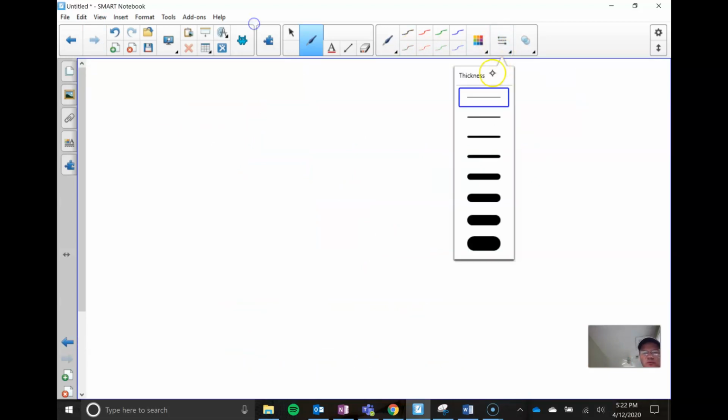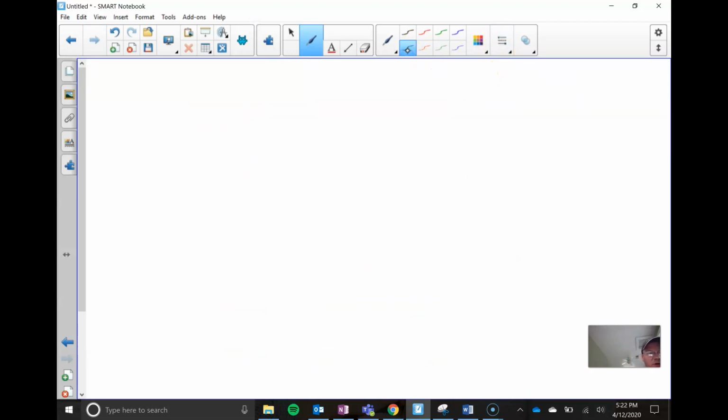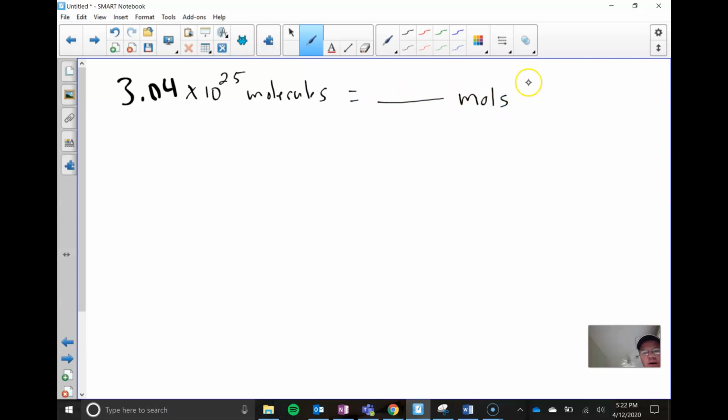And instead of writing out a full word problem right now, I'm just going to write out a couple example problems. Let's say we have 3.04 times 10 to the 25th molecules equals how many moles of water.